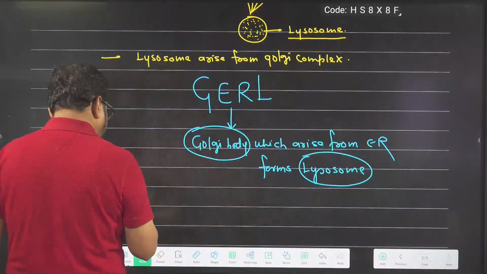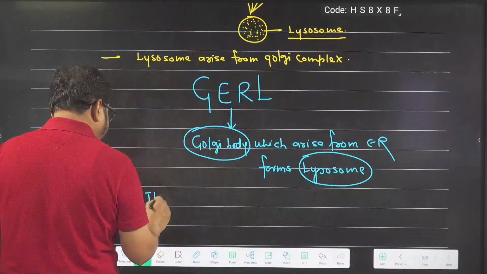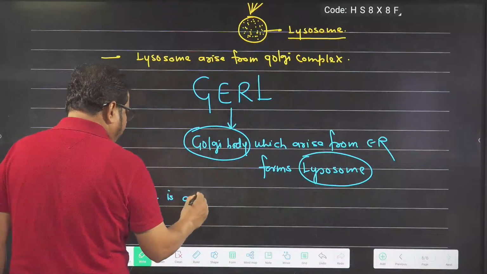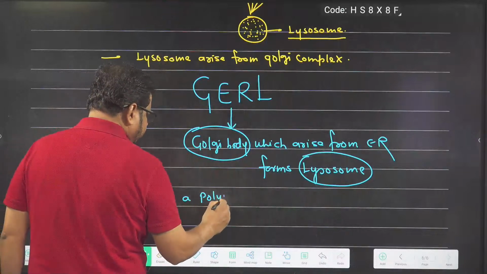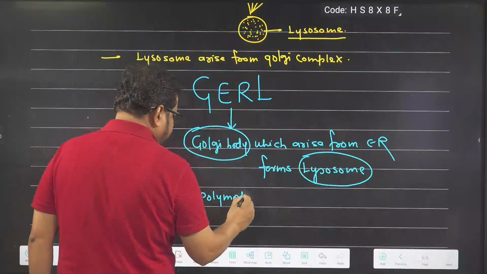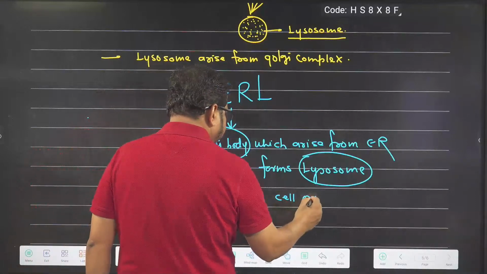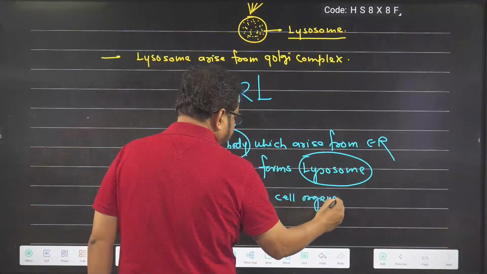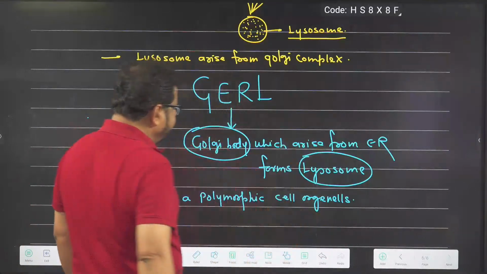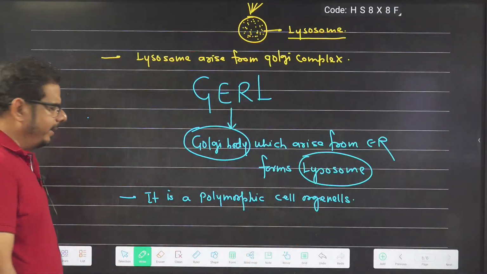It is a polymorphic cell organelle. Why is it polymorphic?